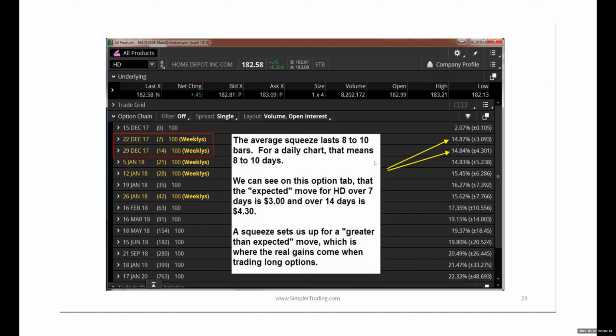The average squeeze lasts between 8 and 10 bars, so if you're looking at a daily chart, it would last for 8 to 10 days. You can see that the expected move here is about $3 over a 7-day period and about $4.30 over a 14-day period. So the squeeze will set you up for a greater than expected move.